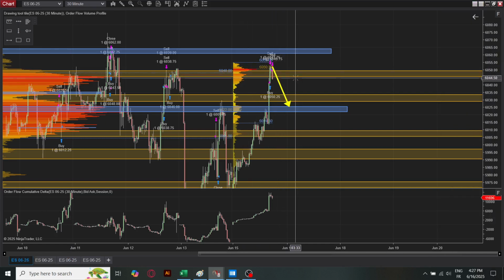And that's it. So let's see if price can go from here all the way to our level, looking for another zone to consolidate, or what we call a liquidity zone.